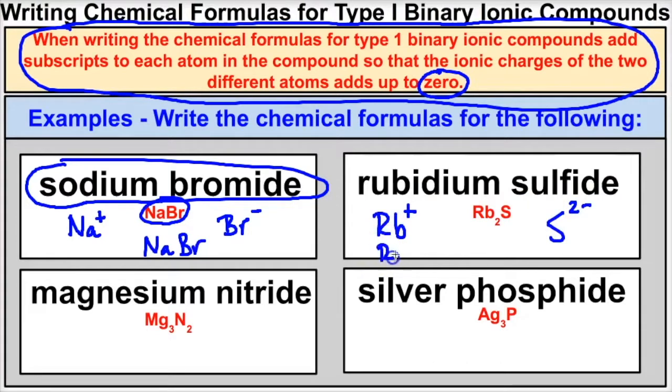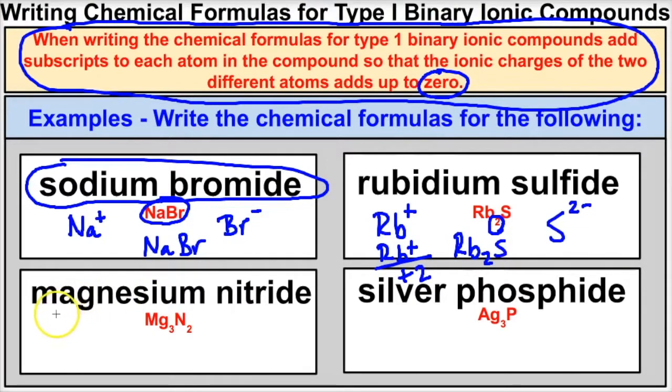But if we have another rubidium ion here, +1 and +1 is now going to add up to +2, and this +2 charge is now going to cancel out the negative charge over here. So how do we show that there's two rubidiums in a chemical formula? We do that by writing a subscript of 2. The correct chemical formula here will be Rb2 and just one sulfide. So Rb2S will be the correct chemical formula.